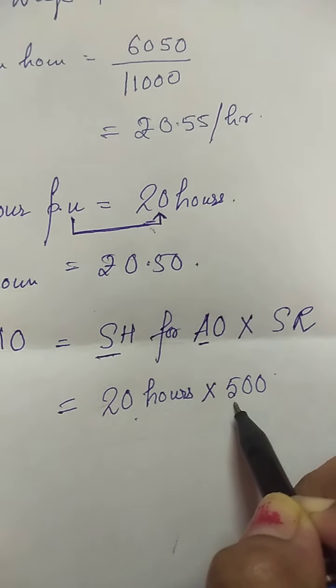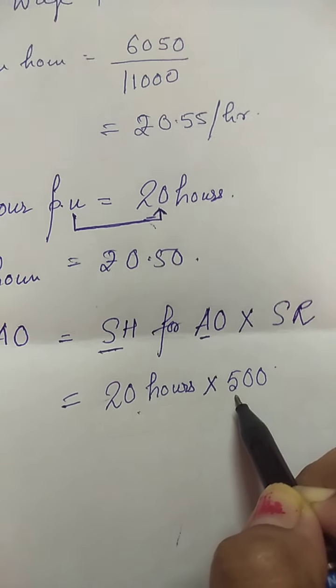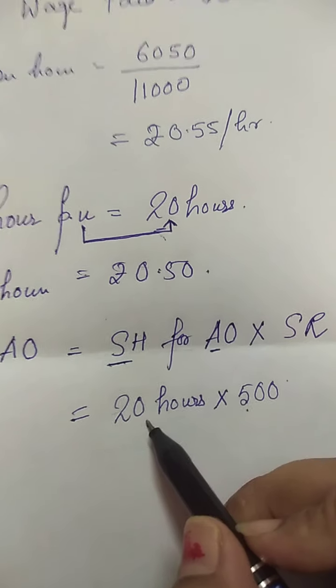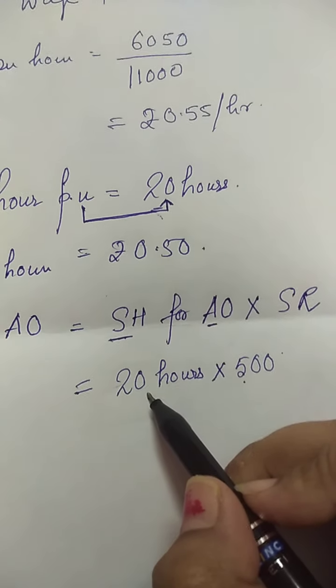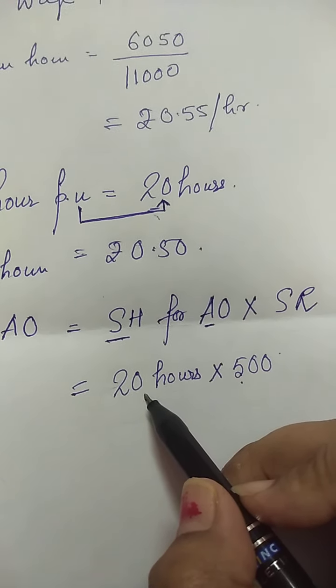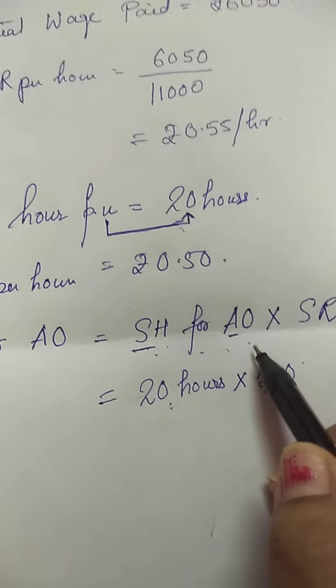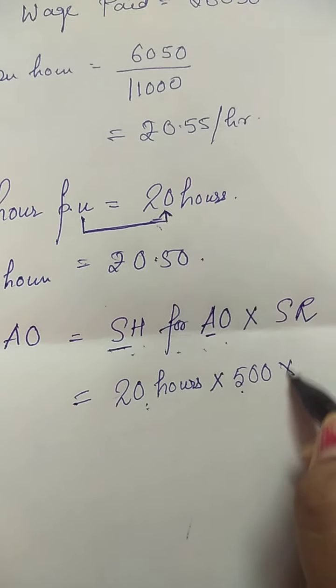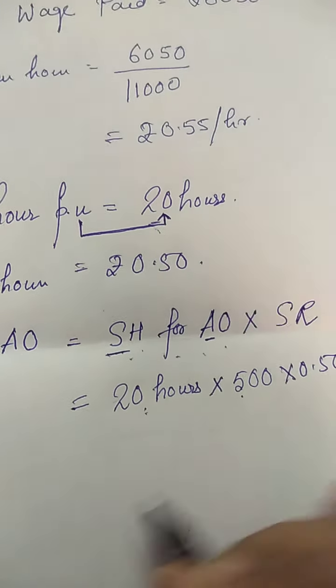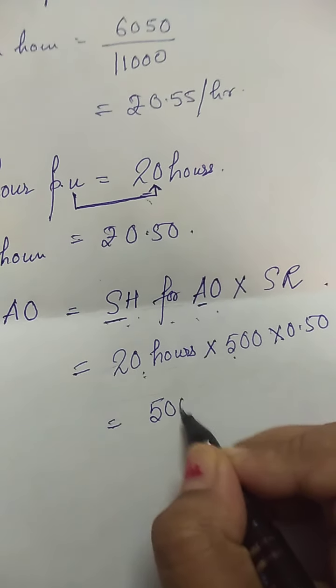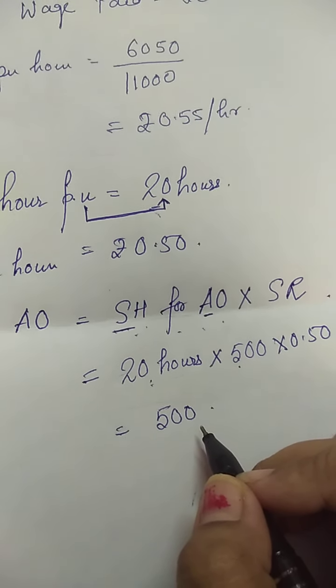I have presumed that if a labor works for 20 hours, maybe he will be able to produce 1 unit. So that is why it's standard hours for actual output. And what is the standard rate? Standard rate is 50 paise. So it comes to 10,000 hours into 50 paise, that means 5,000.